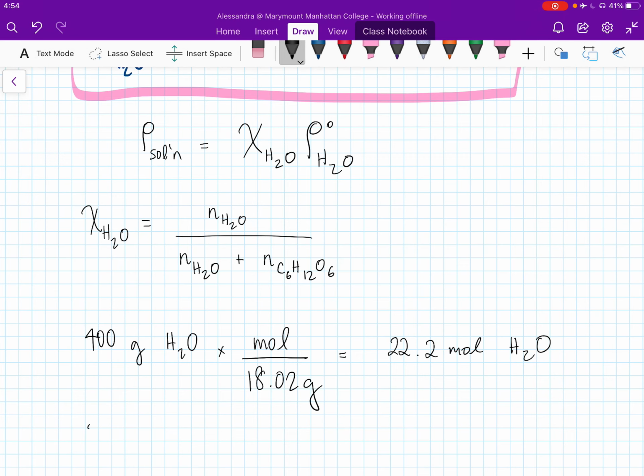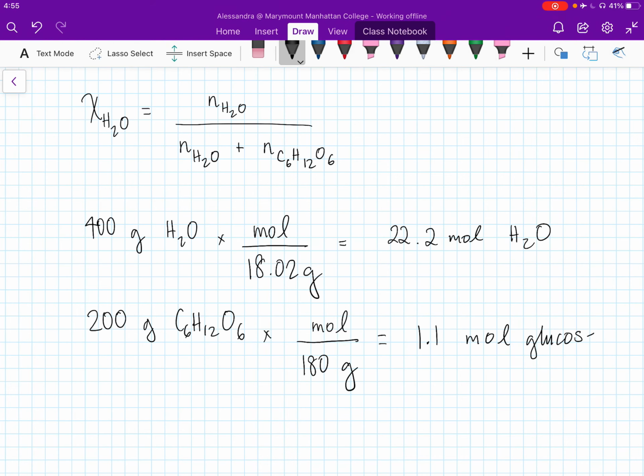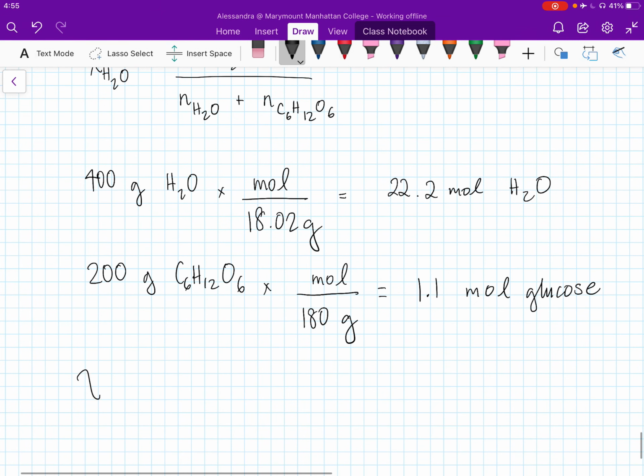I have 200 grams of glucose, C6H12O6, and I'm going to multiply that by the reciprocal of the molecular weight of glucose, which is about 180 grams per mole. That's going to give me 1.1 moles of glucose, C6H12O6.